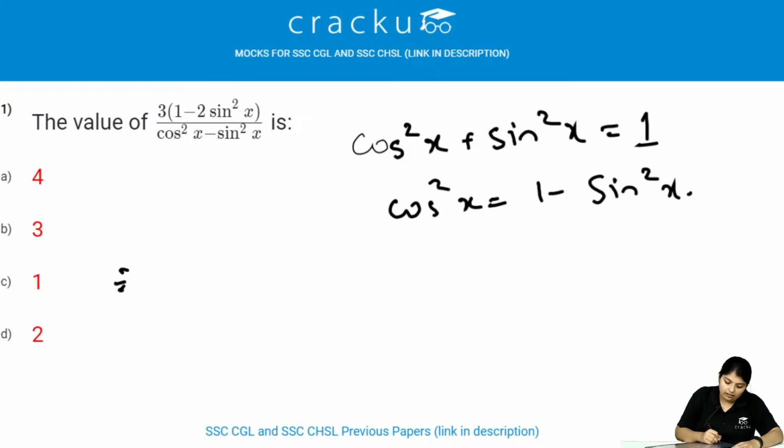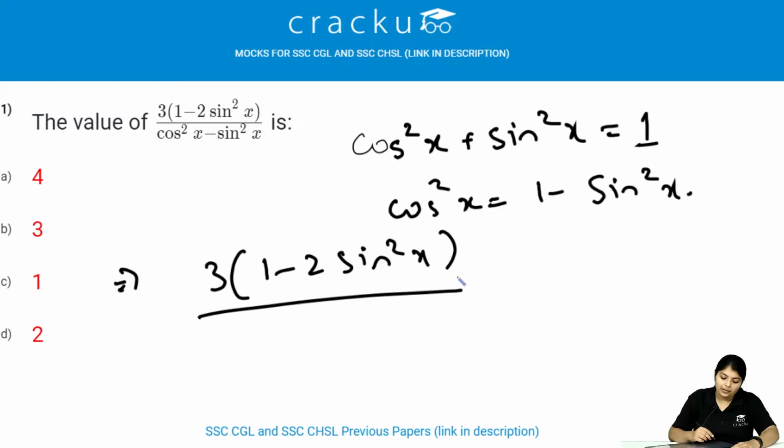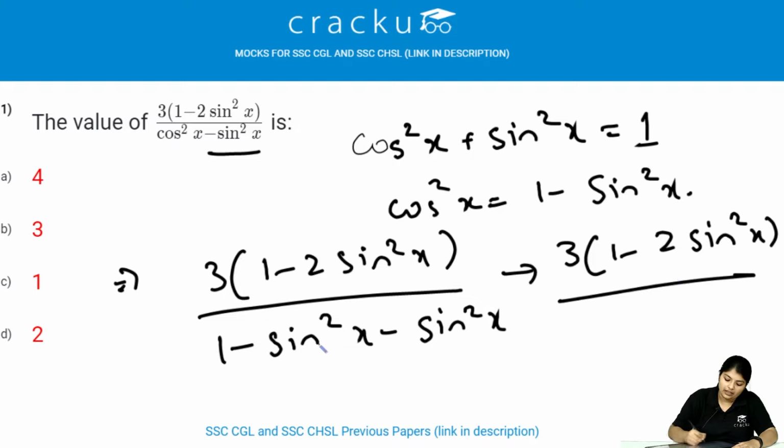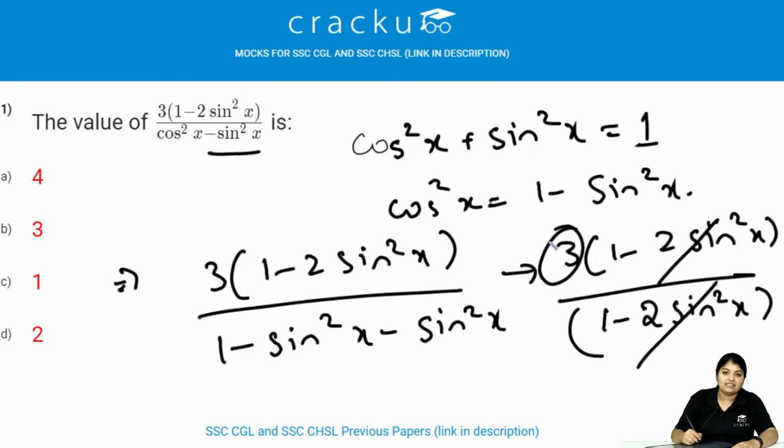So in the place of cos square x, write 1 minus sin square x, and this is minus sin square x, which becomes 1 minus 2 sin square x, divided by 1 minus 2 sin square x. These both get cancelled, therefore the answer is 3, that is option B.